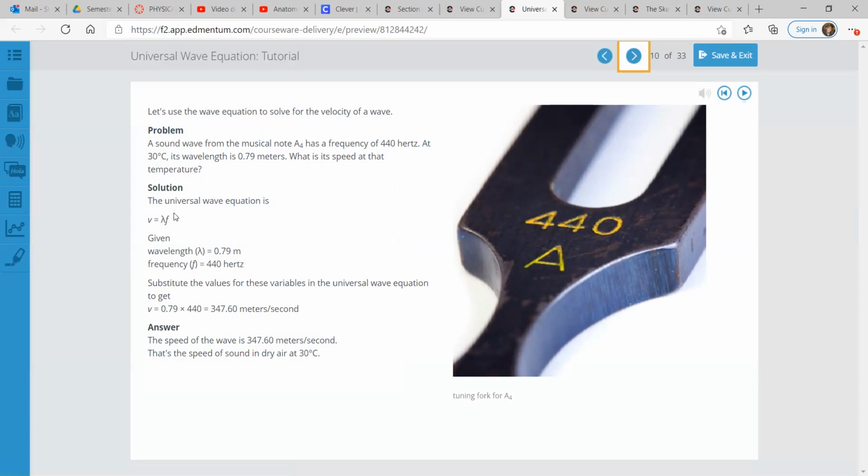We're going to use this universal wave equation: speed equals wavelength times frequency. The wavelength is 0.79 meters. The frequency is 440 hertz. Substitute the values for these variables in the universal wave equation to get 0.79 times 440, 347.6 meters per second.